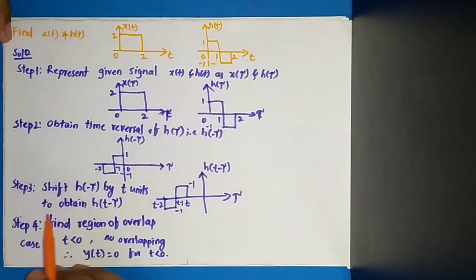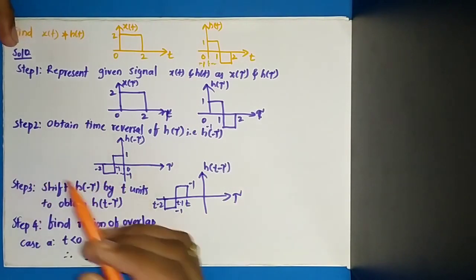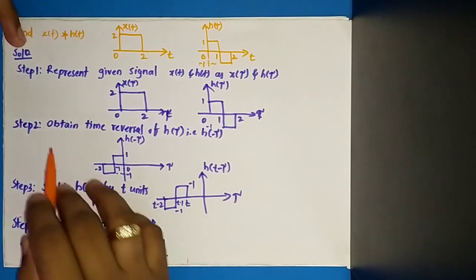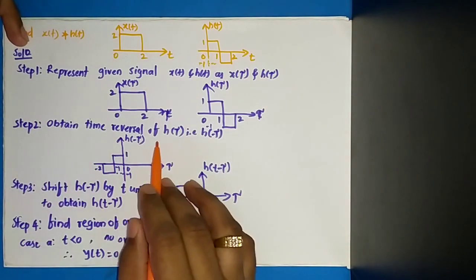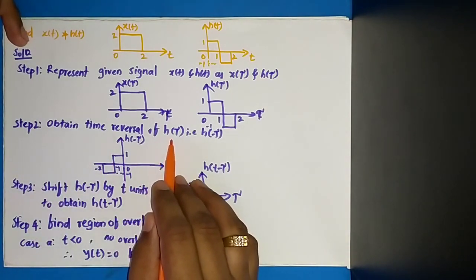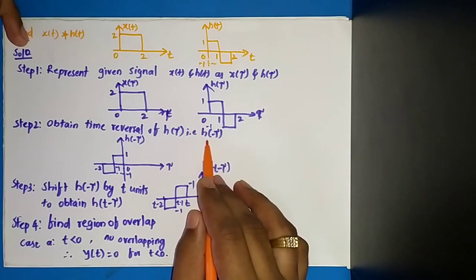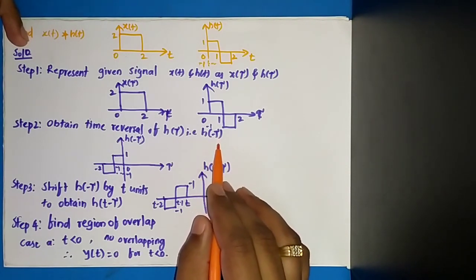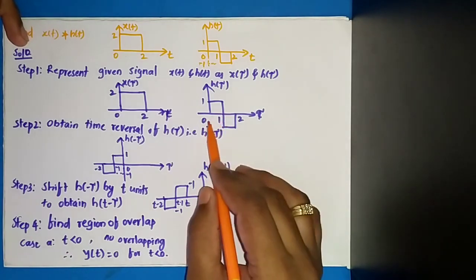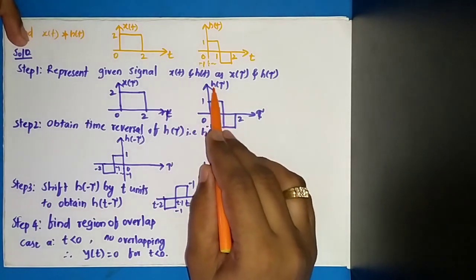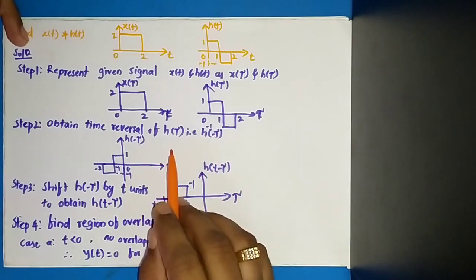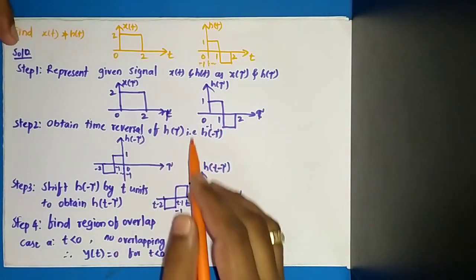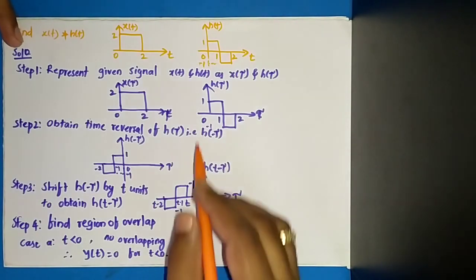In step 2, according to the steps we discussed in the previous lecture, we need to obtain the time reversal of h of tau, that is, h of minus tau. Whatever the time periods of h of tau are, now they will be reversed, or you can say it is a mirror image about t equal to 0.